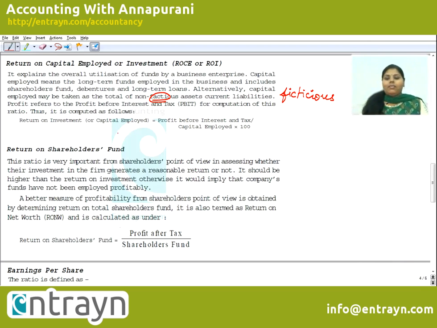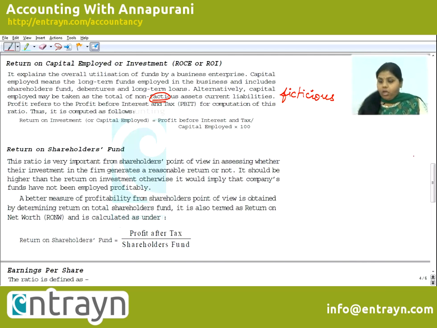Net assets, and the profits divided by capital employed into 100. So these formulas are based upon the items, but only when you understand where it comes from will you be able to remember the formula. Okay. Capital employed ratio will be profit by capital employed into 100. The profit that is taken there is the profit before interest and tax, which is PBIT.